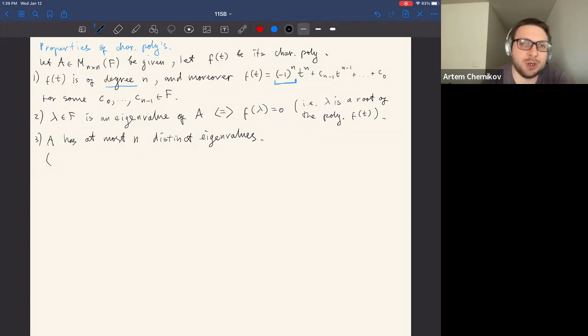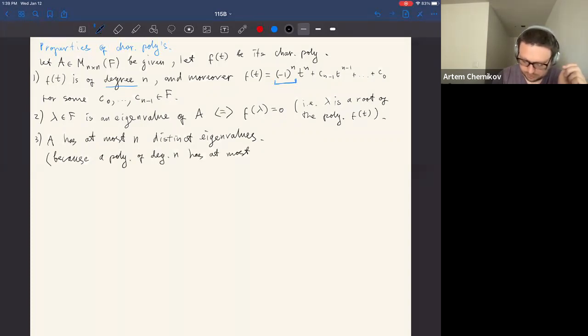And we know that a polynomial of degree n has at most n roots. So we are just using 1 and 2. The previous two statements give us that we have at most n distinct eigenvalues.